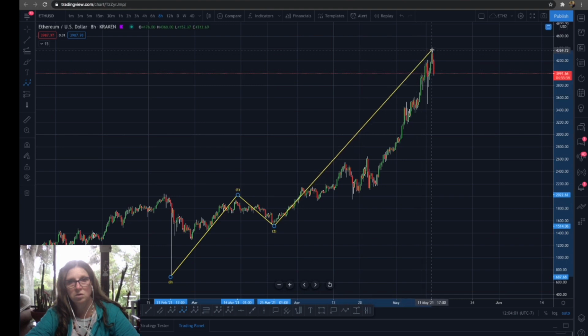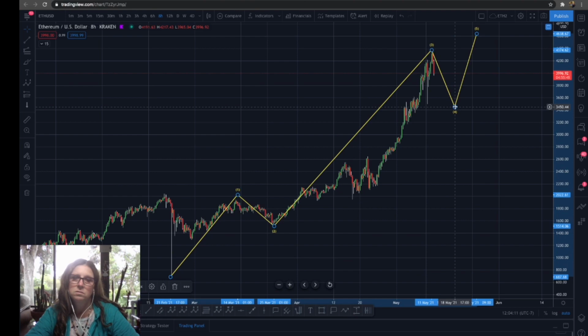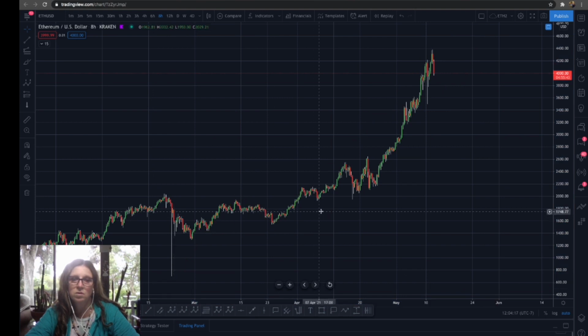And this is all of 3. We're getting 4, and we're going to go up for 5. Now 4, yeah, ETH was the one that was very difficult to decipher what this was right in here.